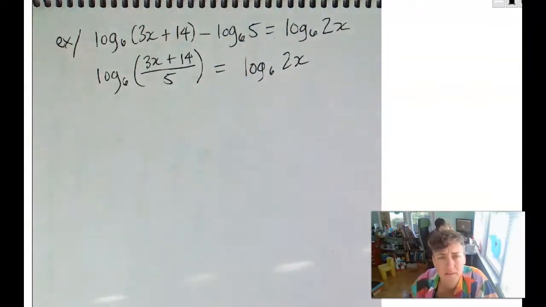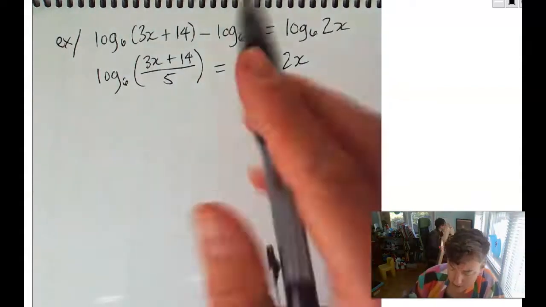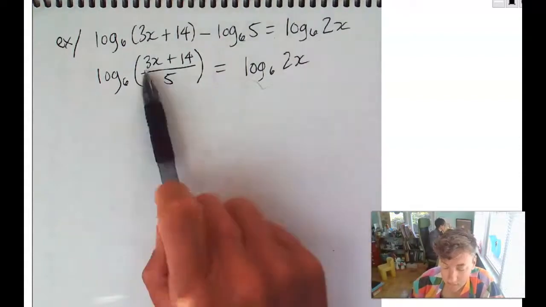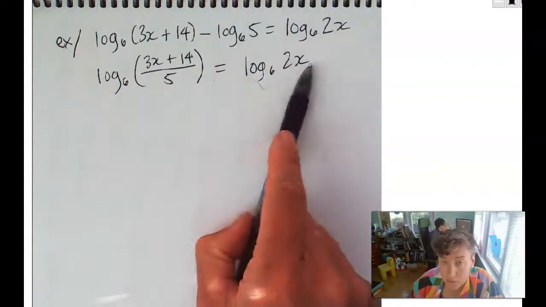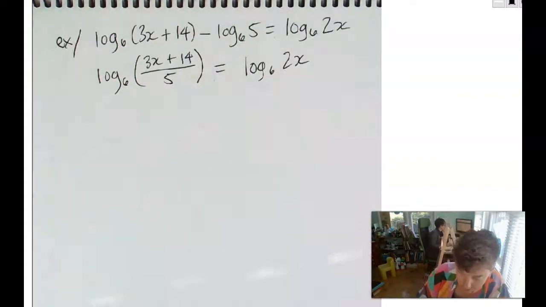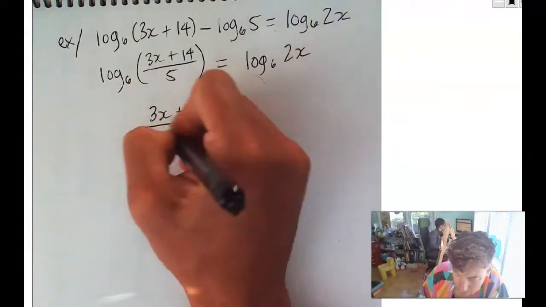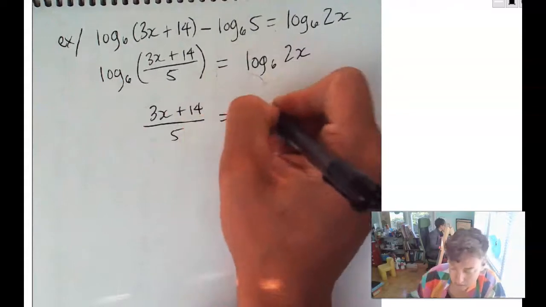Sweet. Now, we've got log base 6 of something equals log base 6 of something. For these to be equal, those somethings have to be equal. So let's say 3x plus 14 over 5 equals 2x.